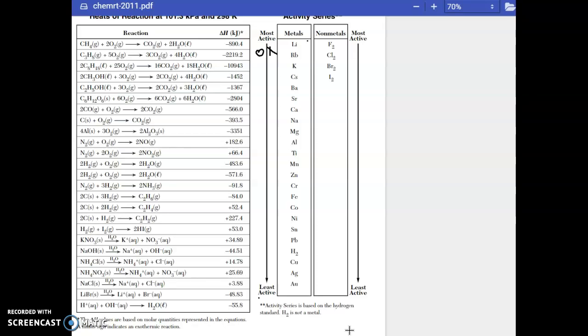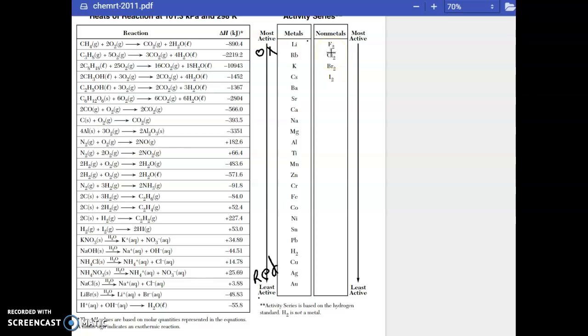So if you're not as likely to give up your electrons, it's possible that we could also make you take electrons. Now, of course, metals don't typically like to take electrons, but we can make it happen. So, in terms of nonmetals, it is the complete opposite, which makes sense because fluorine is the most electronegative element on the periodic table, so it wants electrons the most.